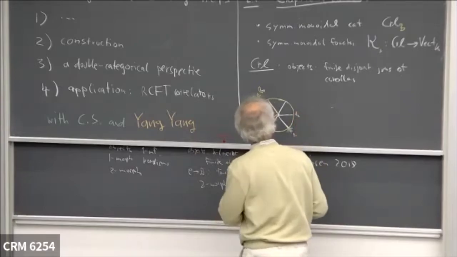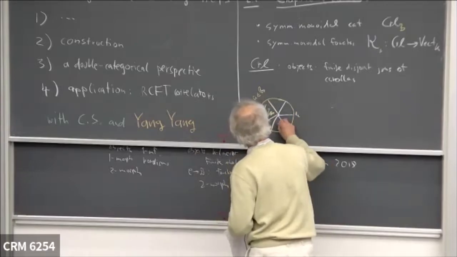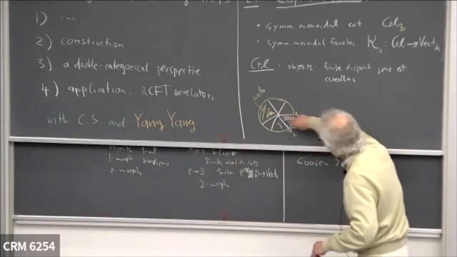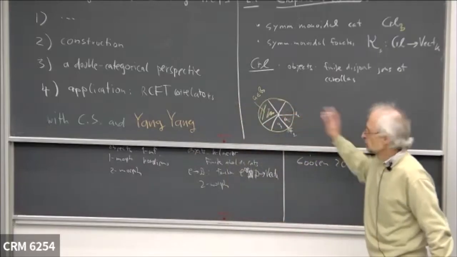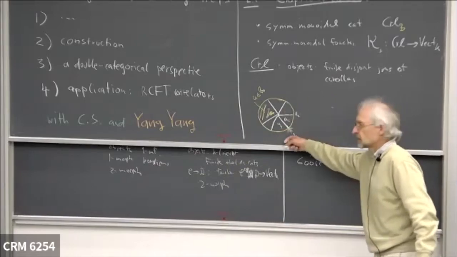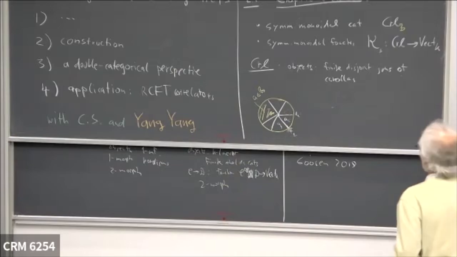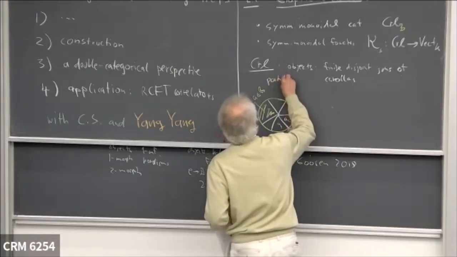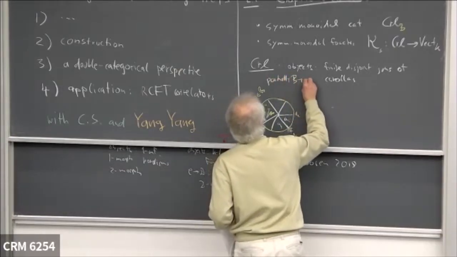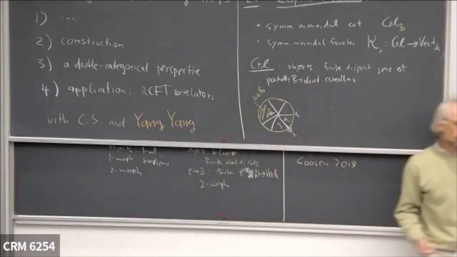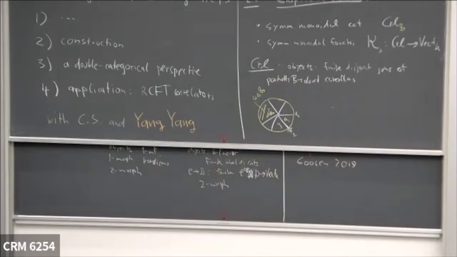So this would be a one morphism from some A1 to A2, and then from A2 to A3. The graphs are directed depending on which direction it is or its dual, but again, I suppress this. And I call these partially B-colored corollas, because at the moment I don't give you a coloring for the vertex.